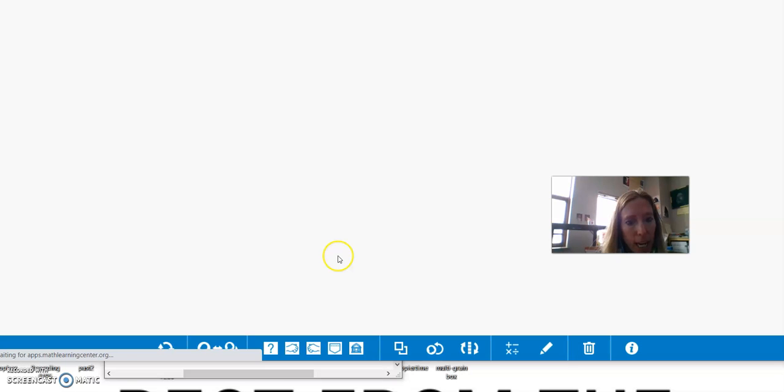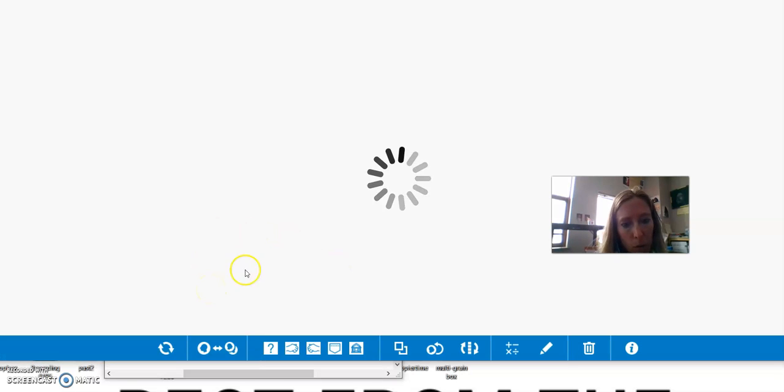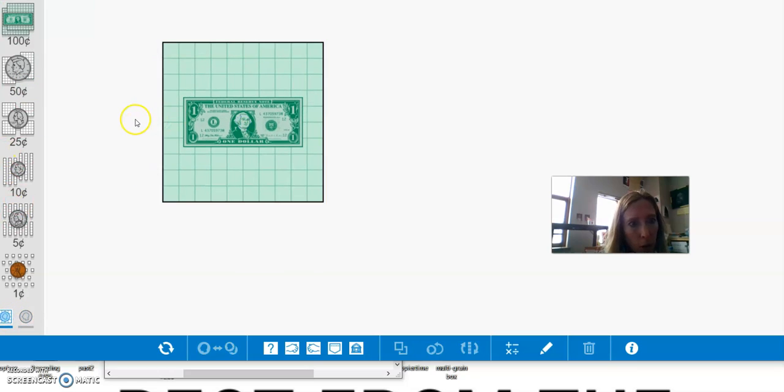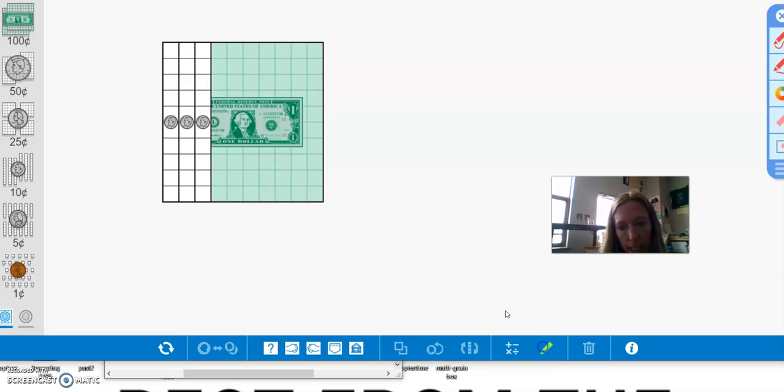So when I'm using that app, I could say, okay, what did we spin today? A 3? 3 dimes? Okay, so I am going to collect 3 dimes over here. So you have just the money, or I can have the grid behind it, and we're saying, okay, we're comparing this to $1. We got our 3 dimes, so I have 1, 2, 3, and then we're able to say how much is that.